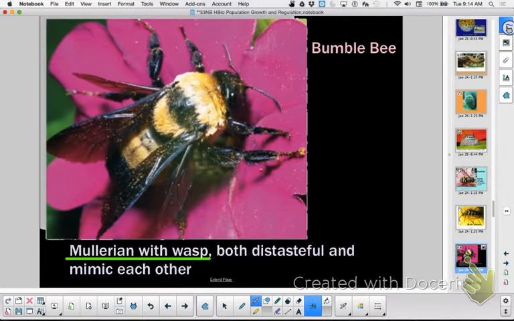Okay, so on your notes, underneath mimicry: anti-predator defense where one species resembles another species or something in the environment. Batesian mimicry: one species that lacks defenses mimics another that has successful defenses.